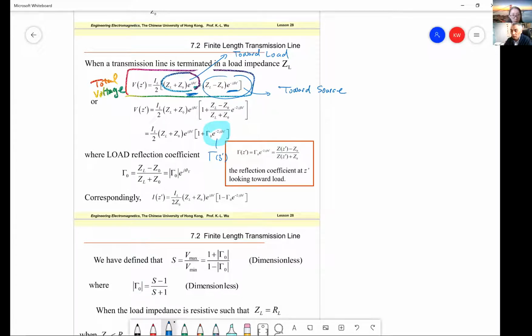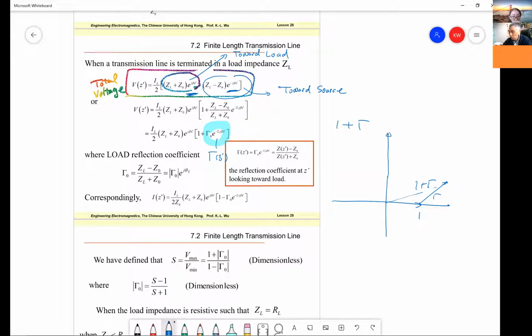If 1 plus gamma is a complex number, we justify whether this is 1 and this is gamma, so this is 1 plus gamma. Only when gamma is a real number.